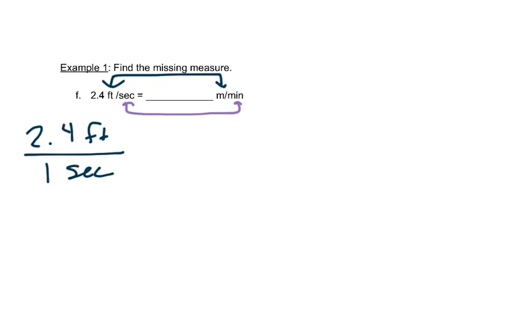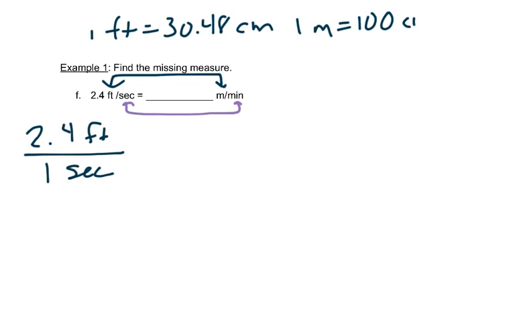Our page tells us, again, we can't go straight from feet to meters. We know that 1 foot is equal to 30.48 centimeters, and that 1 meter is equal to 100 centimeters. And for the seconds and the minutes, we know that 1 minute is equal to 60 seconds.